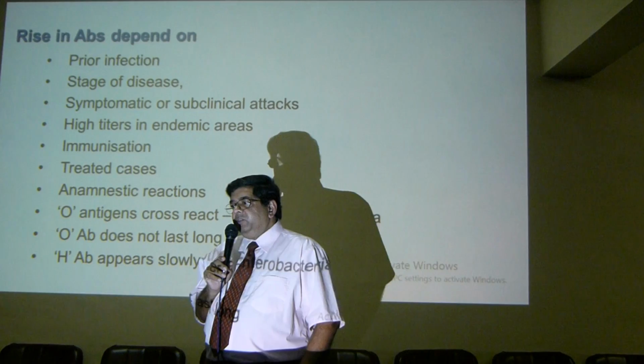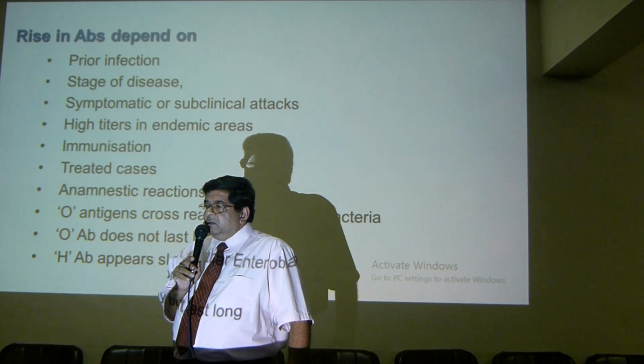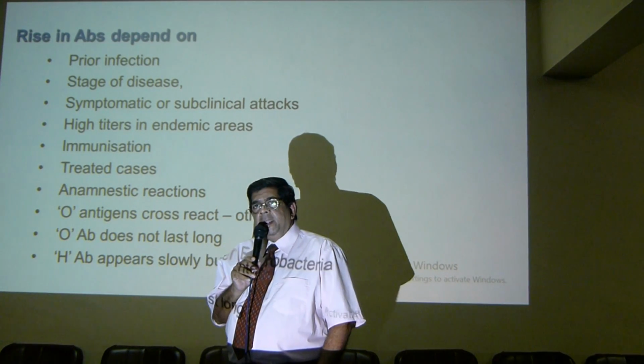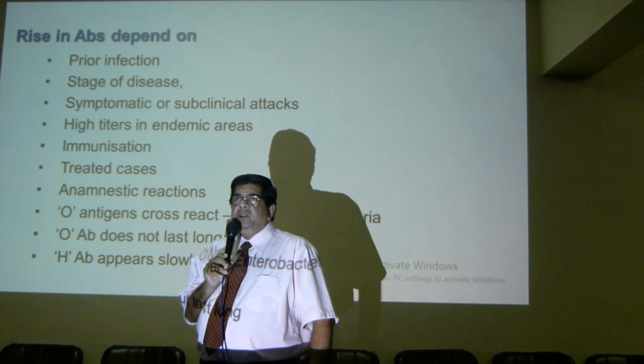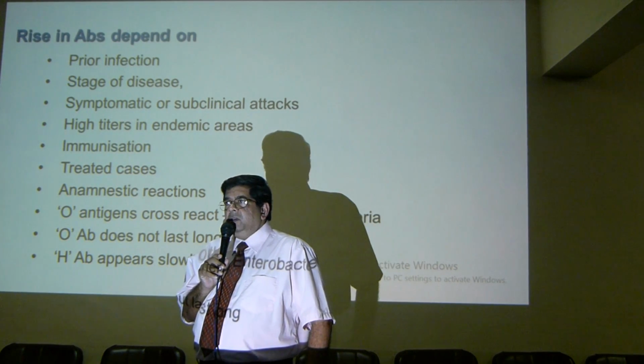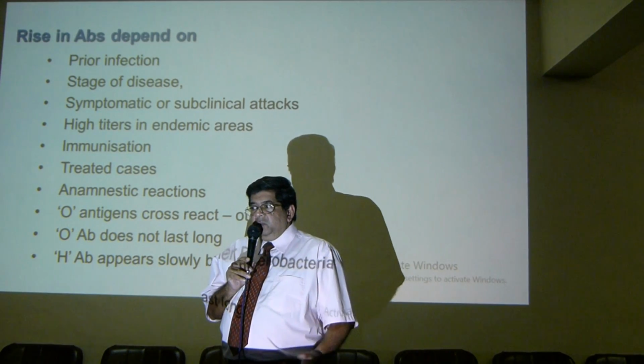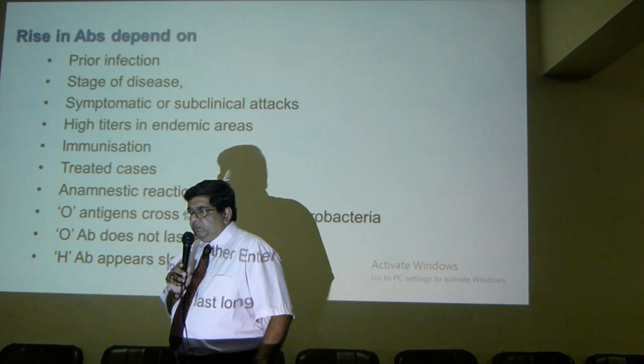Then following immunization, people who have already been treated, then there is a condition called anamnestic reaction where antibodies go up due to certain other conditions like fever, any other fever, pregnancy, connective tissue disorders, so those can happen.